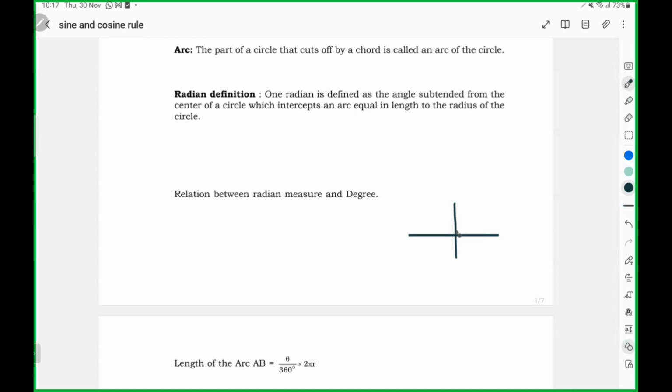Here, this entire region is divided into 360 equal parts.